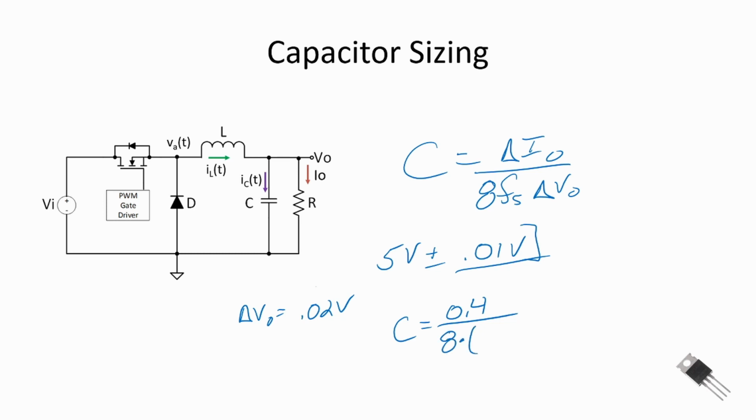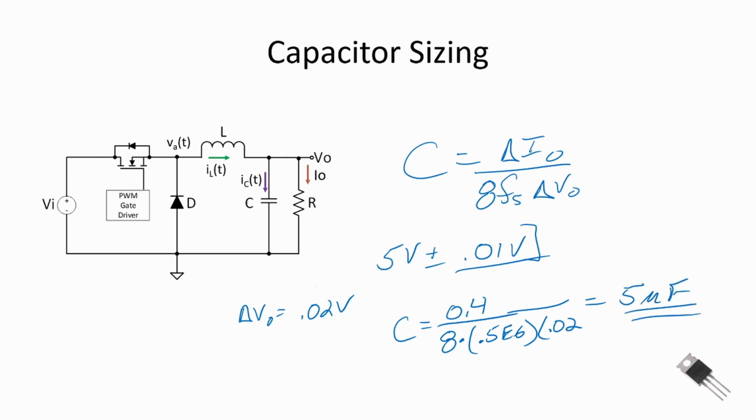Again, I'm going to write our switching frequency as 0.5 megahertz, so 0.5 EE6 times 0.02. Doing these calculations, we see that the capacitor value is equal to 5 microfarads.